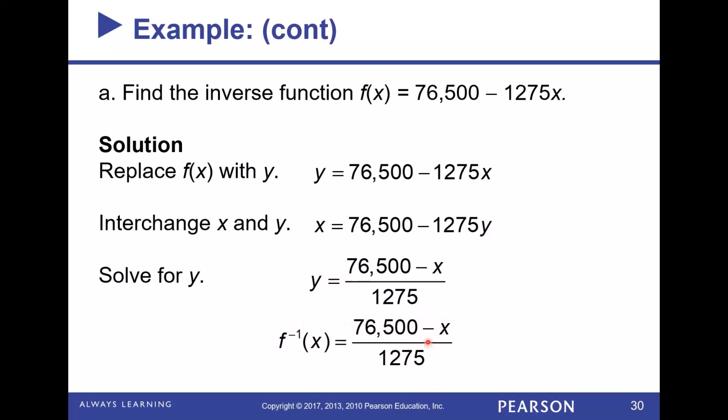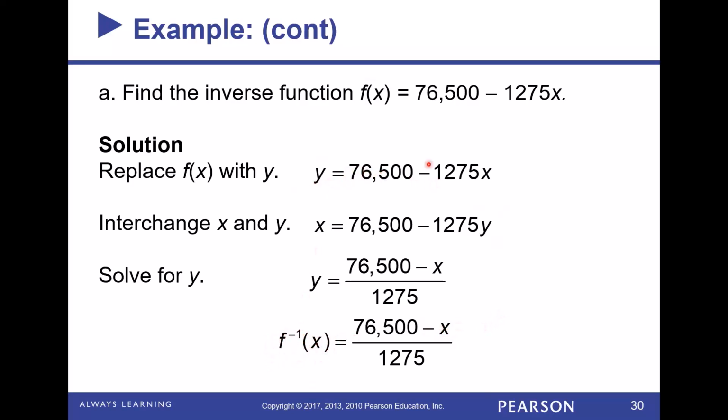Now, what that does is remind yourself x is the number of payments that have been made. So if I were asking you to use the inverse to determine how many monthly payments remain, if there's 35,700 remaining to be paid on the loan, this right here is how much is left on the loan.